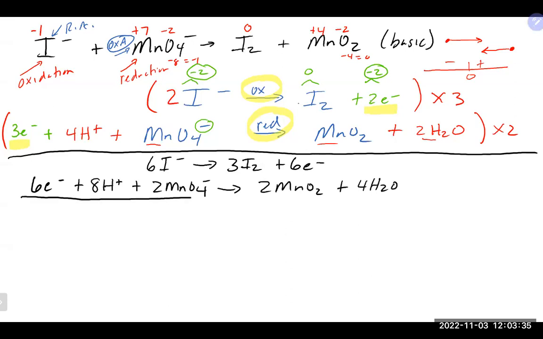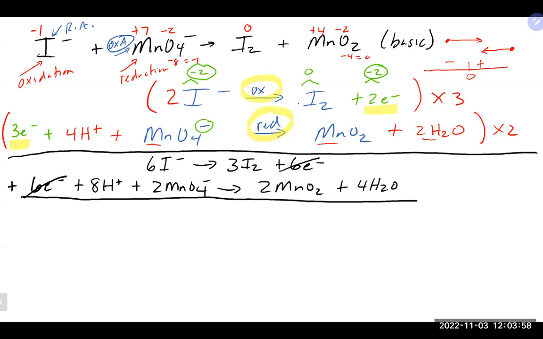Now that I have the electrons the same on both half reactions, we're ready to add these together. Once again, anything on opposite sides of the arrow can cancel or reduce down. Anything that's on the left-hand side stays on the left, and anything on the right-hand side will stay on the right-hand side. Once again, electrons should always completely cancel, which they do.